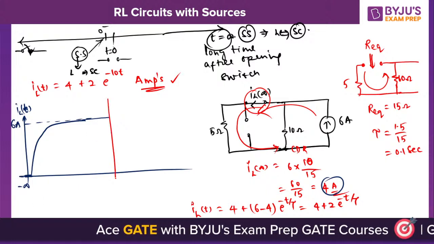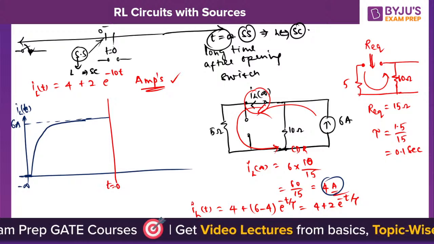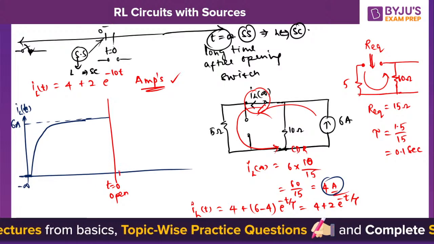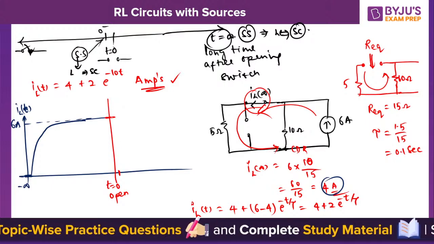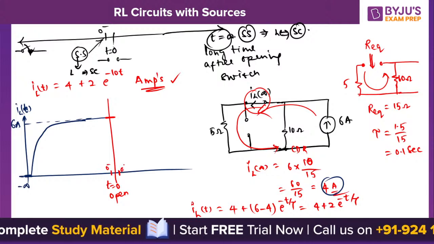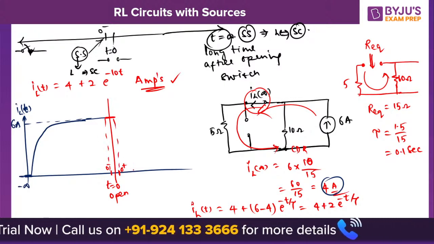Here let me take t equal to 0. At this point I am opening the switch. Just after opening the switch, the same current will be maintained, no change in the current. At t equal to 0 minus and t equal to 0 plus, the same amount of current, 6 amperes, will be there.